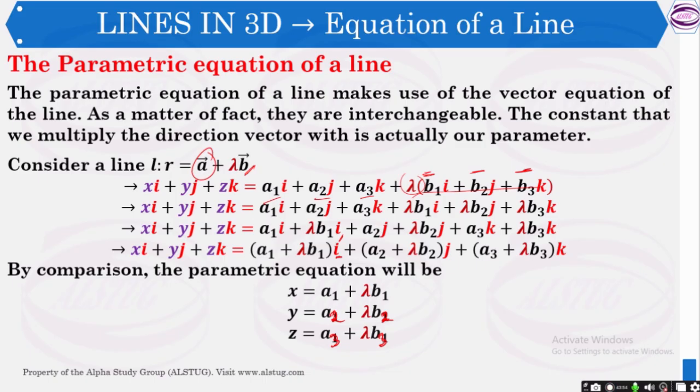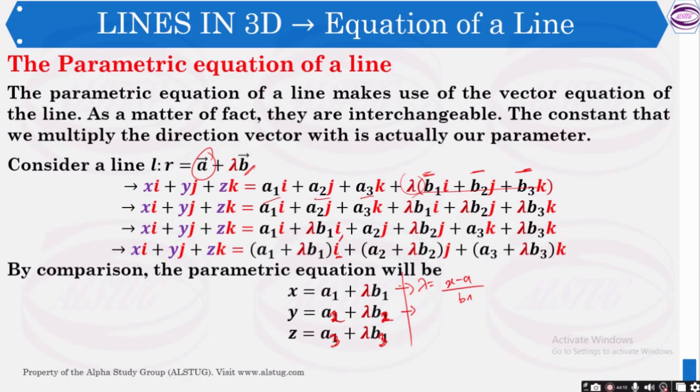Now this parametric equation can still be transformed into another form. In some textbooks, you are going to see it this way. From here, they are going to make lambda subject of formula. So lambda will be equal to x minus a1 on b1.